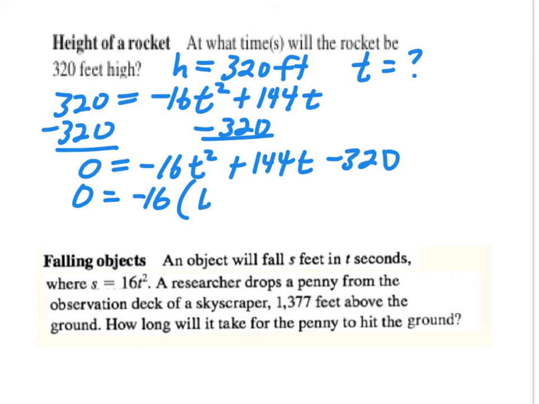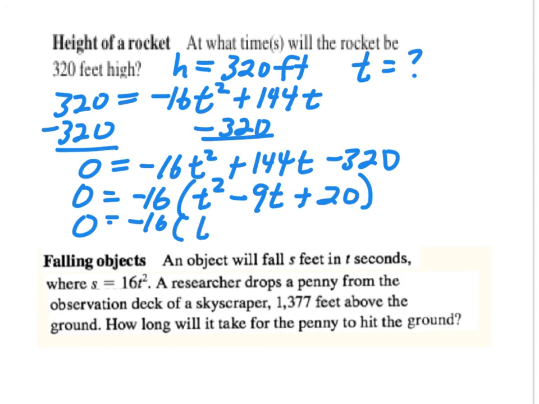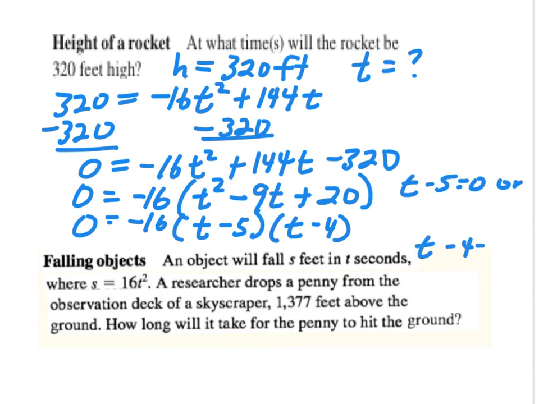And I get t squared minus 9t plus 20. So I'm going to factor this expression, which factors of 20 sum to negative 9. And so that would get me 0 equals negative 16 times t minus 5 and t minus 4.